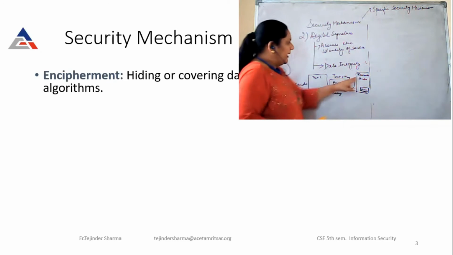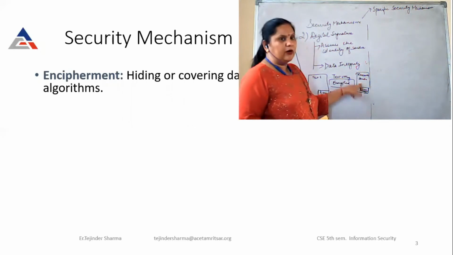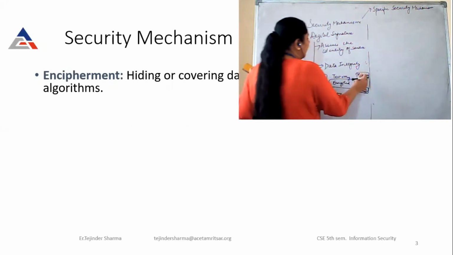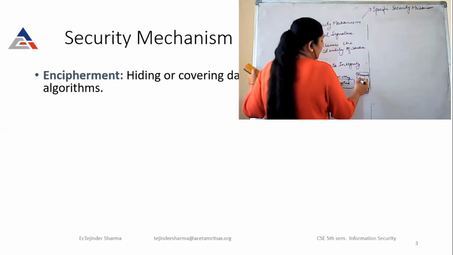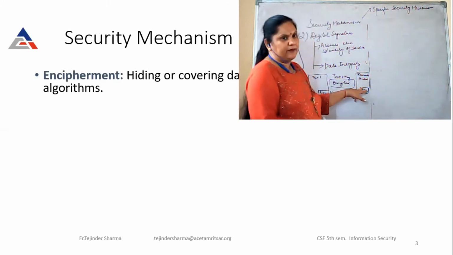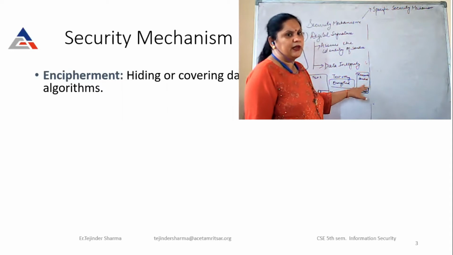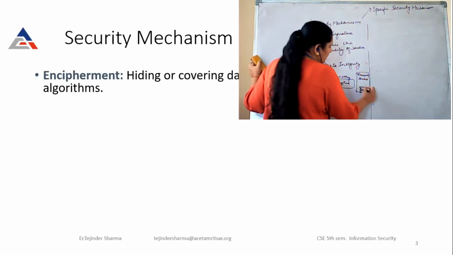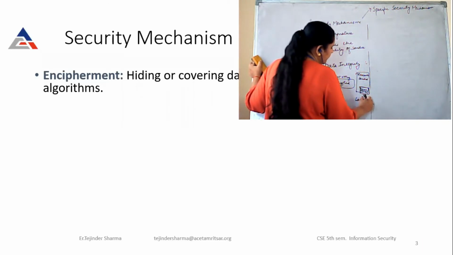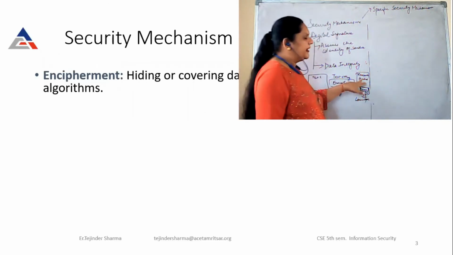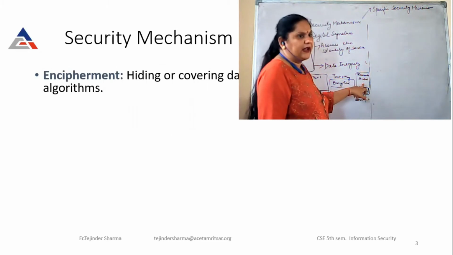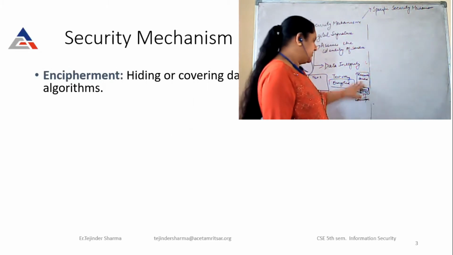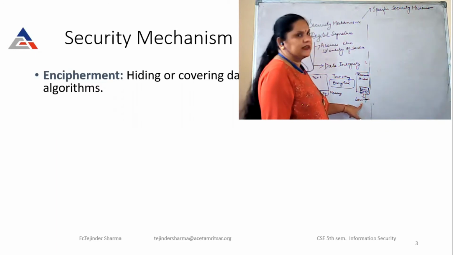Second, if this message is scrambled, scrambling is actually the ciphertext. If this message is manipulated on the way, if this text is manipulated on the way, then this message will get corrupted. If any bit is modified by the hacker by capturing this text, this message will get corrupted.